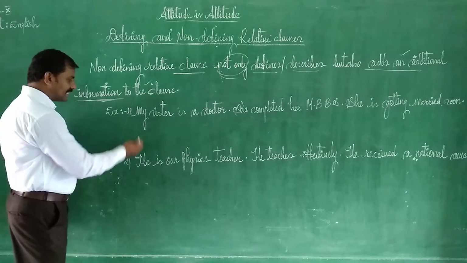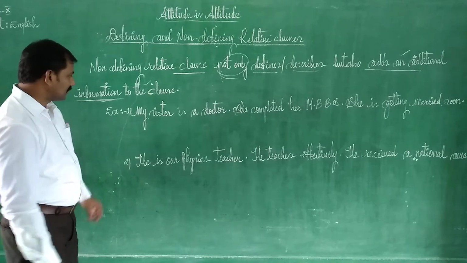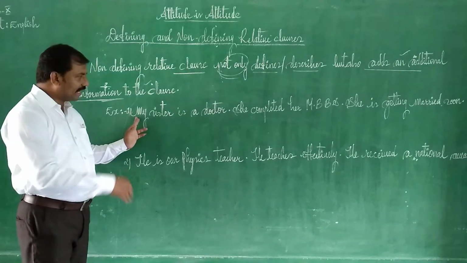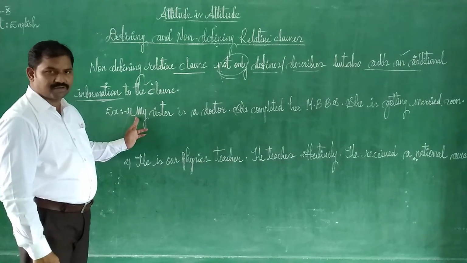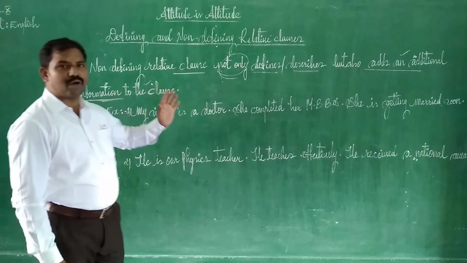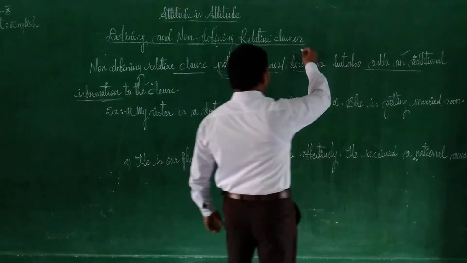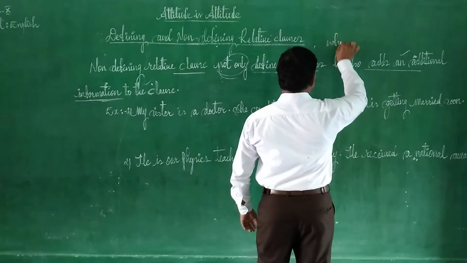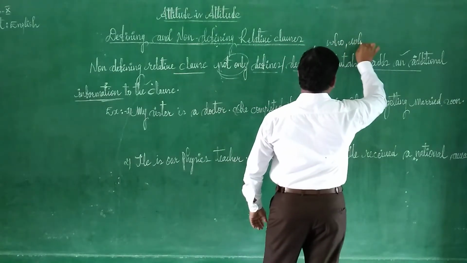We have two examples here that I have written. Let us first see the question and then get into the answer. We are not to forget that earlier we discussed the relative pronouns that we use: who for persons and which for things.